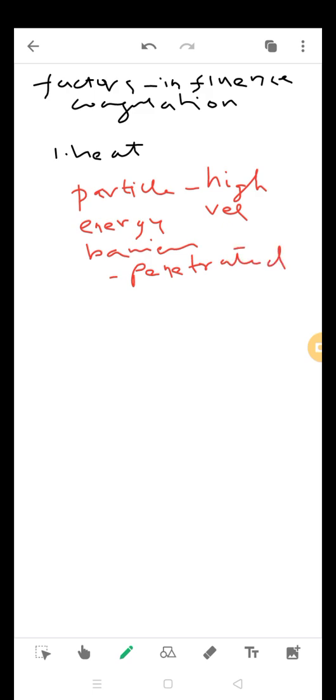So this is detrimental. Heating will not give a good colloidal solution.